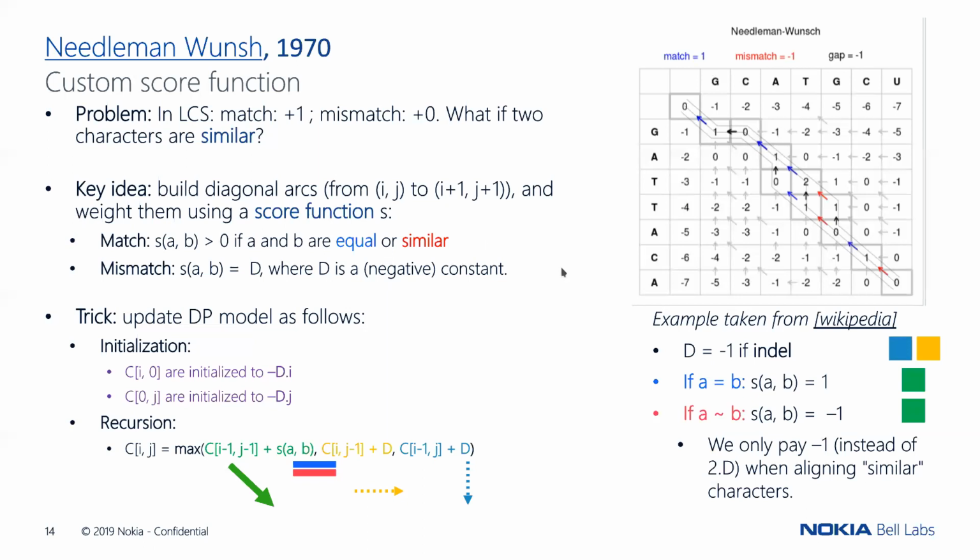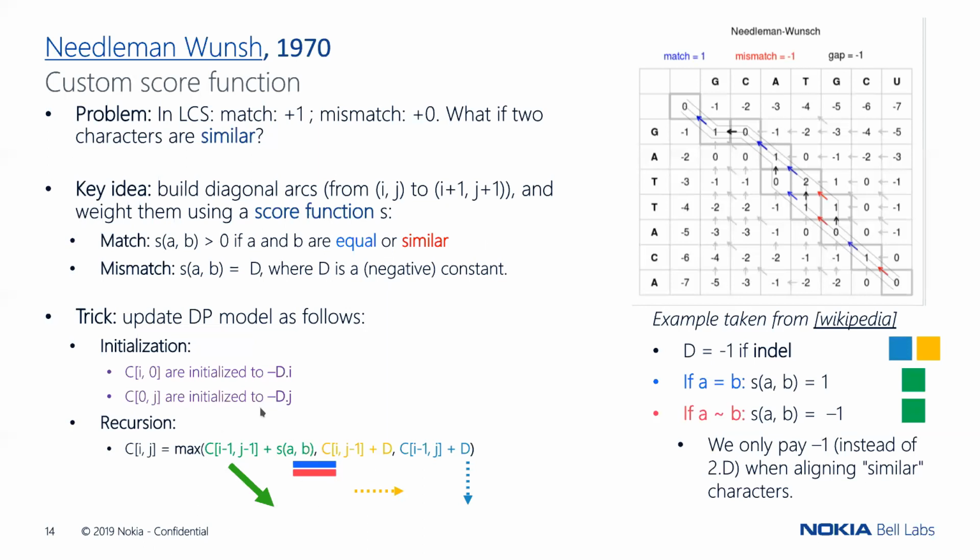And now you adapt the recursion slightly. Obviously, when you have a mismatch, so an orange arc or a blue arc, you pay D compared to where you were.